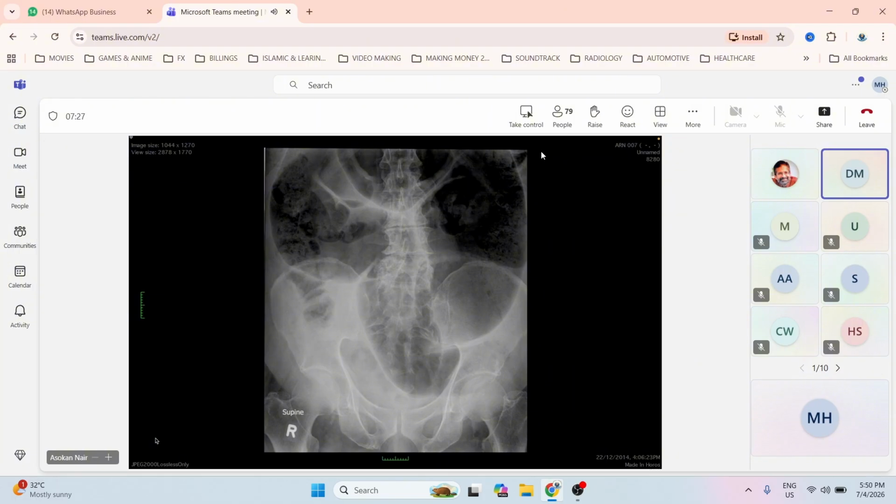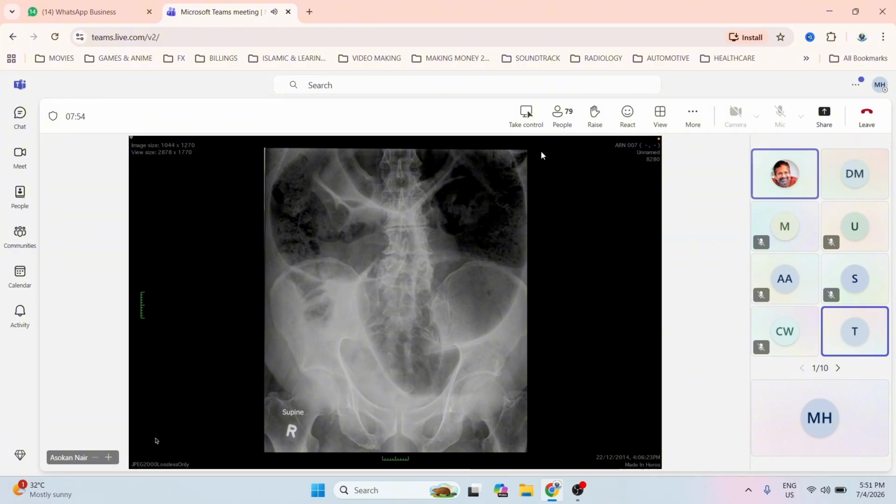There's also absent rectal gas. Otherwise, the bones are unremarkable. I think this is a large bowel obstruction, likely due to a sigmoid volvulus. I would like to proceed with the CECT abdomen pelvis urgently and inform the findings to the surgical team.